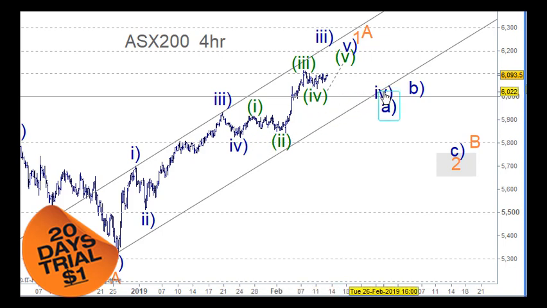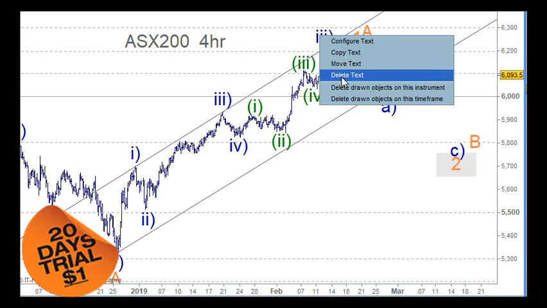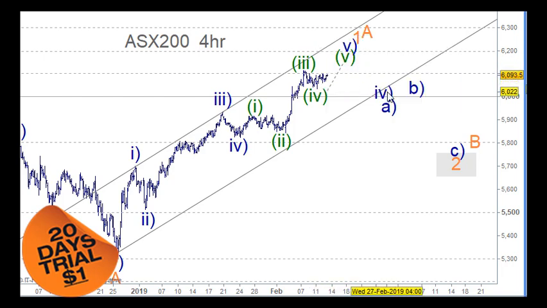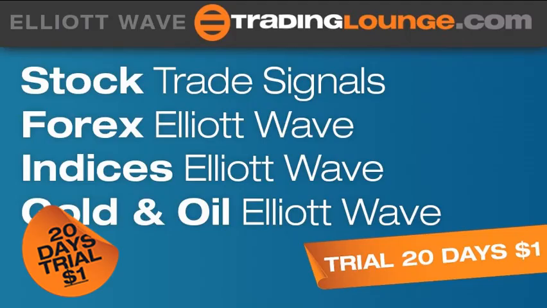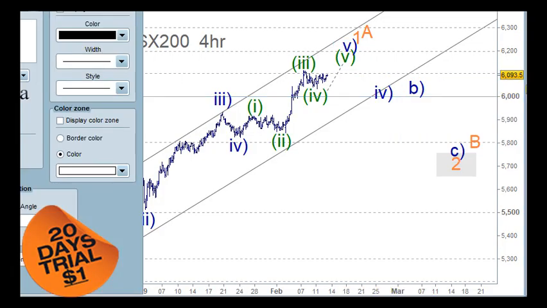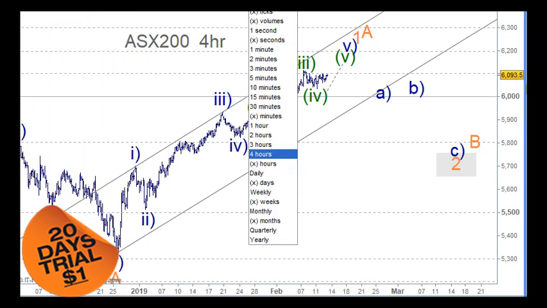And then I'd pull back for wave 4 and then go up for wave 5. That's not how we see the US at the moment, but I'm going to keep this particular count that I've got until proven otherwise. So that's why the 1-hour chart will look a little bit different.